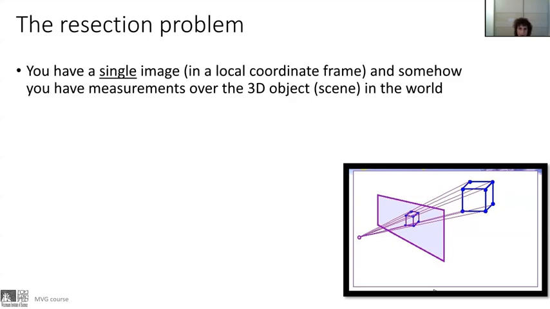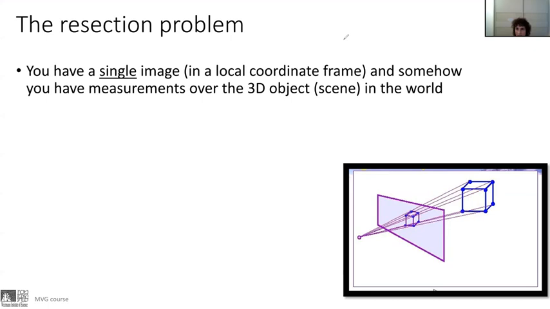In the resection problem, you have a single image in some local coordinate frame, and somehow somebody told you, by some measurement, the measurement of the 3D object in the world. What I know exactly is that the coordinates, for example, of this cube in the 3D object are given and known. I have some way to measure them, and I know the correspondence between the 3D and the 2D, and I know the coordinates in the 2D.